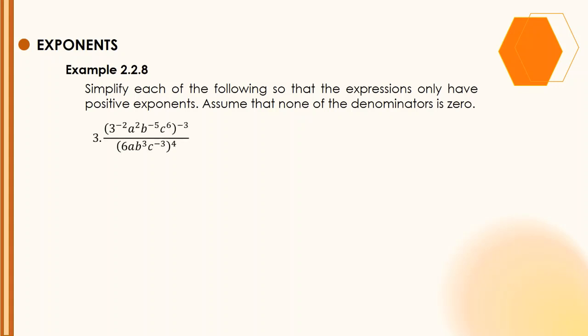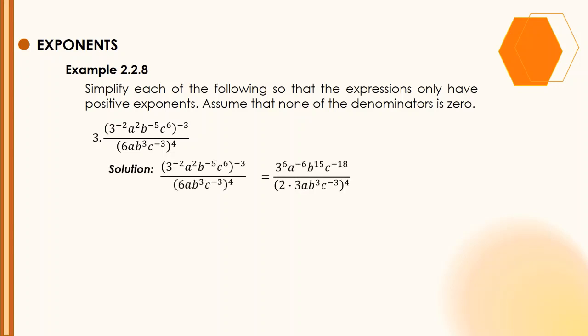Number 3 is quantity 3 to the power of negative 2 a squared b to the power of negative 5 c to the power of 6, quantity to the power of negative 3, over quantity 6 a b cubed c to the power of negative 3, quantity to the power of 4. Solution. This equation is equal to this one.